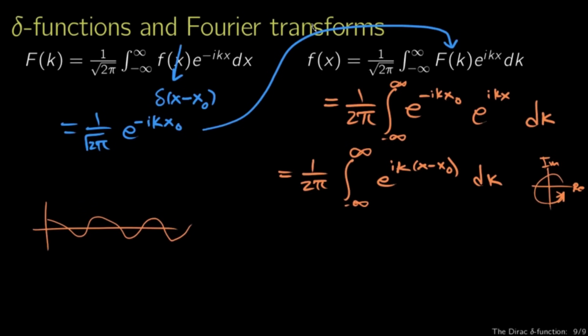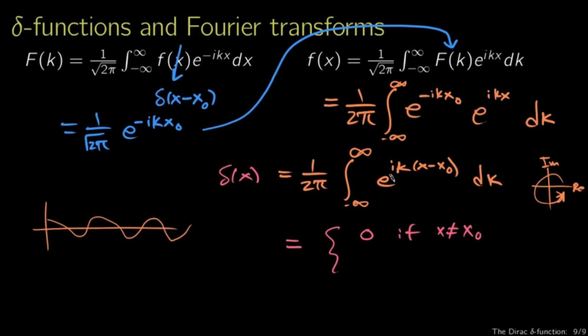But keep in mind now, what we're trying to get back is delta of x. So really, the only sensible way to treat these integrals is to say that this integral is equal to 0 if x is not equal to x naught, since that's what the value of the delta function is if x is not equal to x naught.